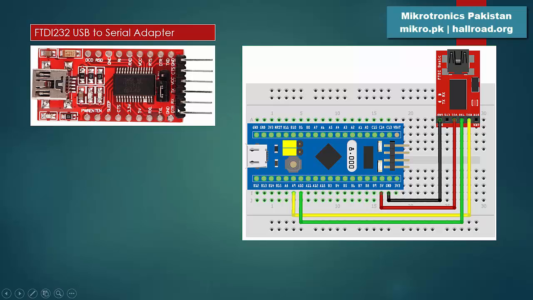Also, you might need this FTDI 232 USB to serial adapter. This is useful not only for getting the serial data from your microcontroller, but also sometimes to program it over the serial port without using that ST-Link programmer.